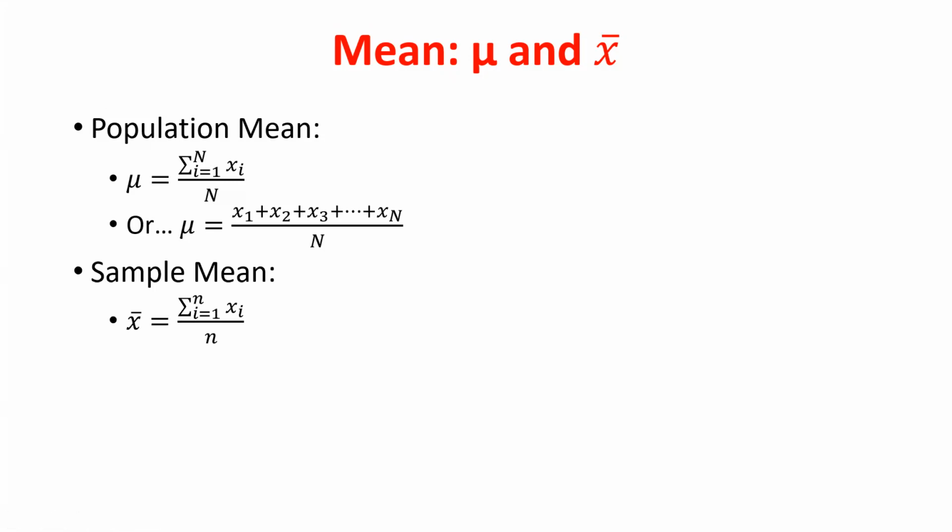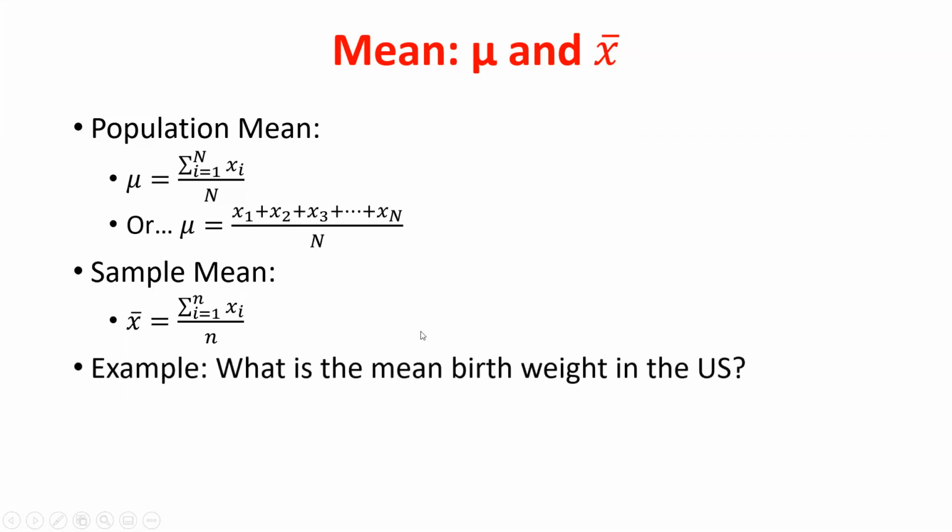Once you have your list of numbers, you just add them all up and divide by however many numbers you have there, no matter if it's a population or a sample data set. So if we wanted to find the mean birth weight in the US, if I had a data set that had every single birth ever, I would take every weight of every child born, add them all up, and then divide by the total number of births, however many births I have in that data set.